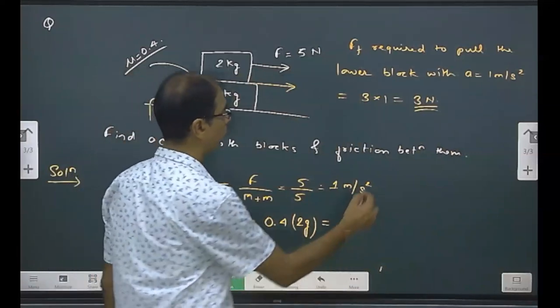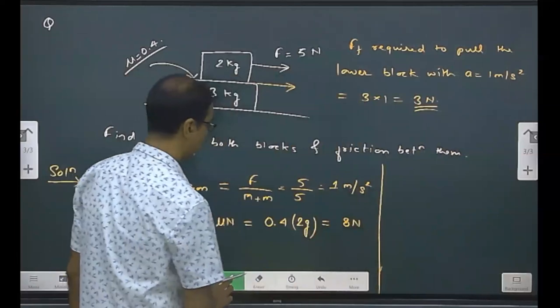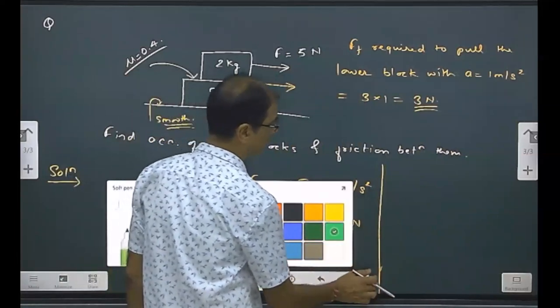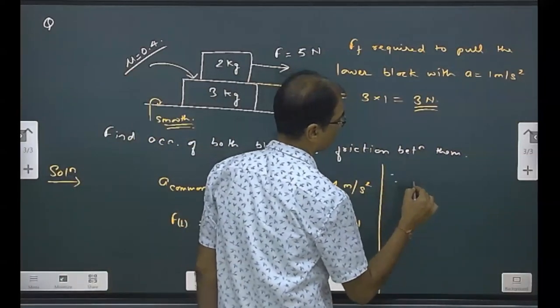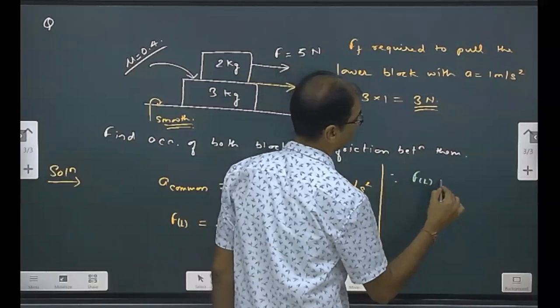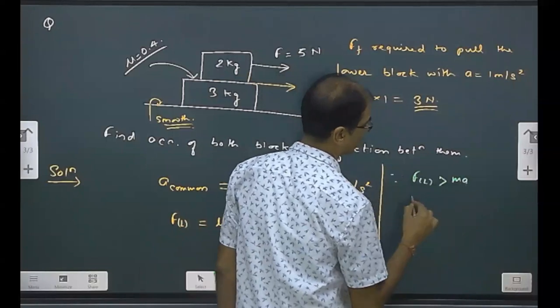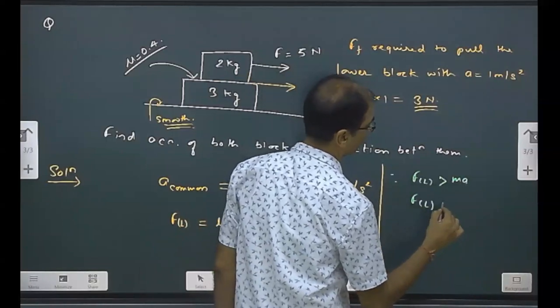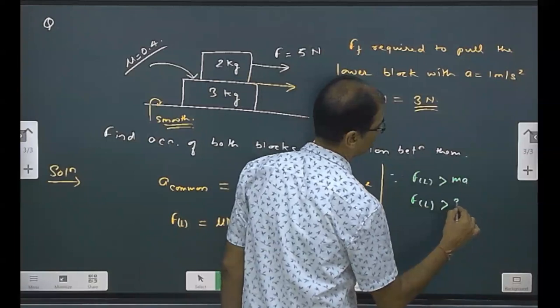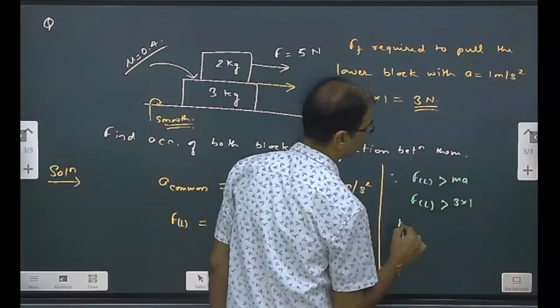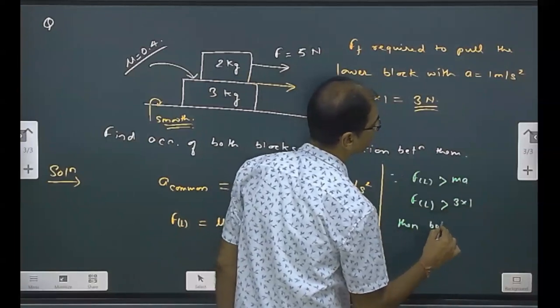Yes. So what do you write here? You'll be writing, since limiting friction is more than ma, that is limiting friction is more than 3 into 1, then both blocks will move together.